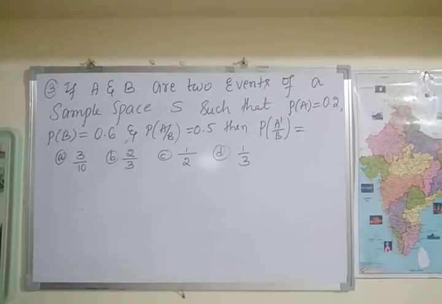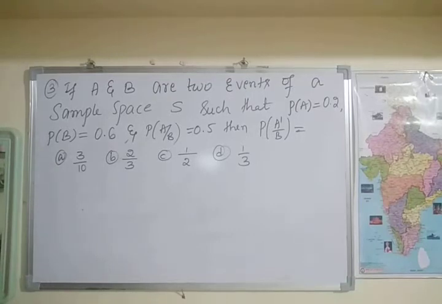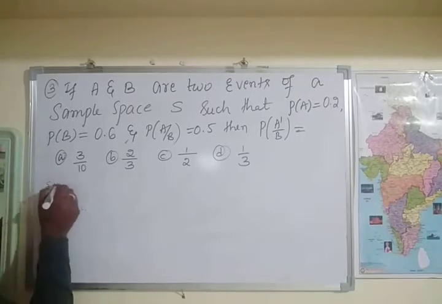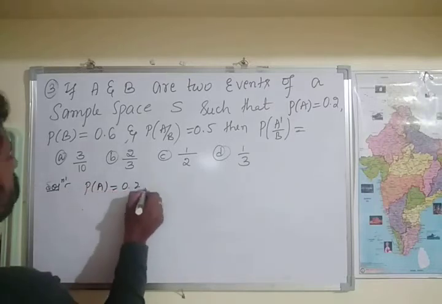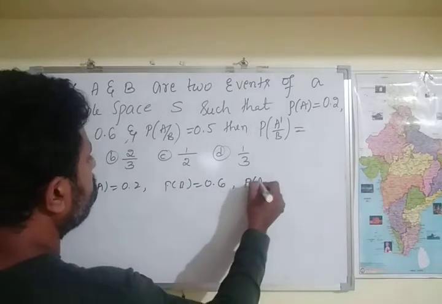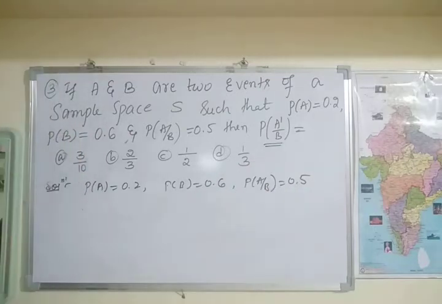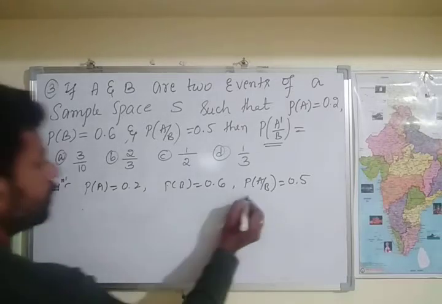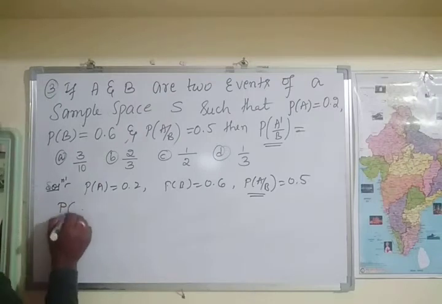If A and B are 2 events of a sample space, such that P of A is equal to 0.2, P of B is 0.6, and P of A given B is equal to 0.5, now we have to find P of A dash given B. First, using this data, P of A given B, we have to find the intersection.